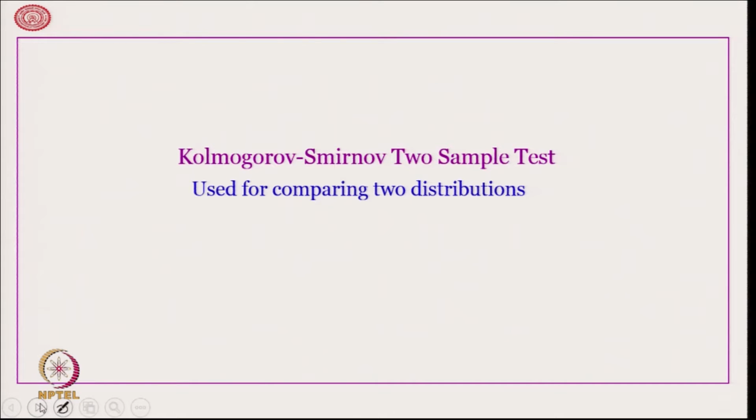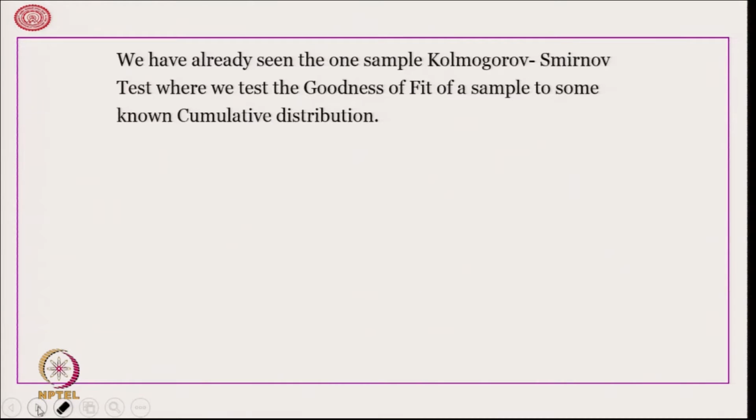As I have already mentioned, it is used for comparing two distributions. We have already seen the one sample Kolmogorov-Smirnov test, where we check whether the sample taken from a population comes from a known cumulative distribution.